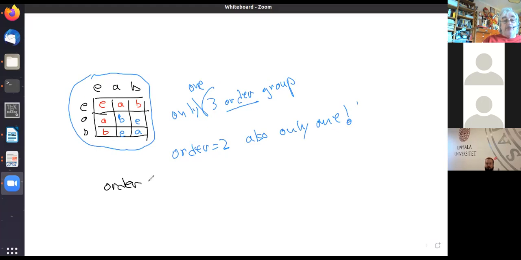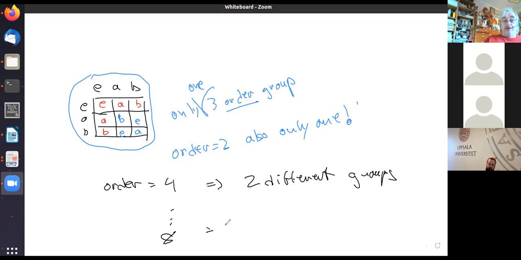For order 4, there are actually 2 different groups. Only 2, but then it gets worse. For say order 8, there are I don't know how many different.